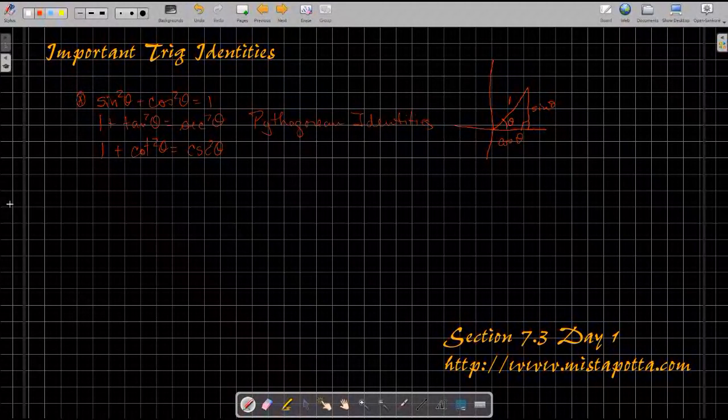But there are two other identities that we haven't had much call for, but now we're going to start using, and that's what we call our half-angle identities.